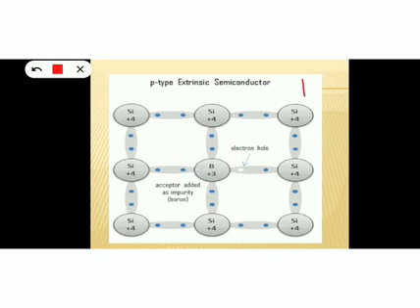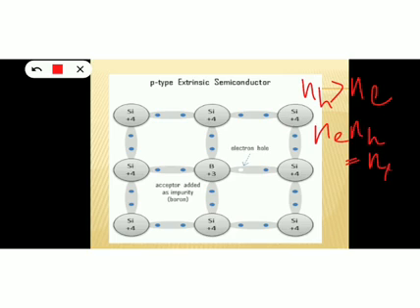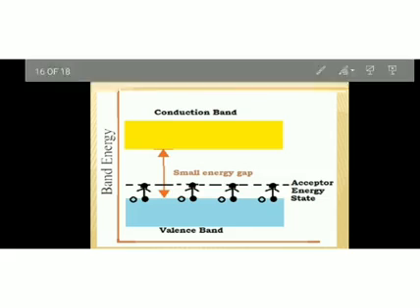So here we can write that the number of holes is greater than the number of electrons in the case of a P-type extrinsic semiconductor. And the number of holes times the number of electrons is equal to the intrinsic carrier concentration squared, Ni square. This is the condition that is satisfied in equilibrium. And how can we explain this using the energy band diagram?